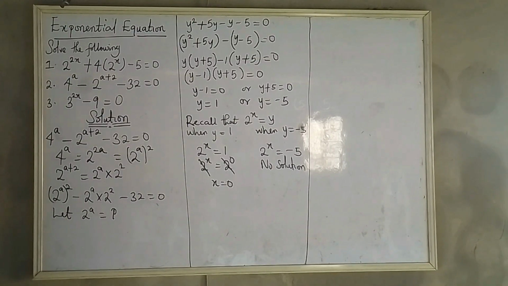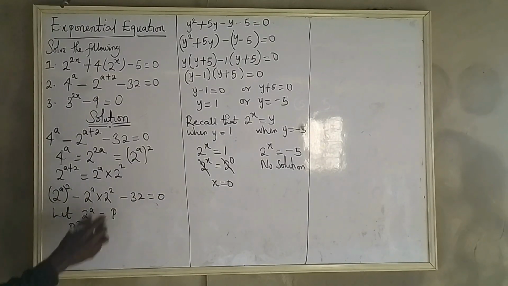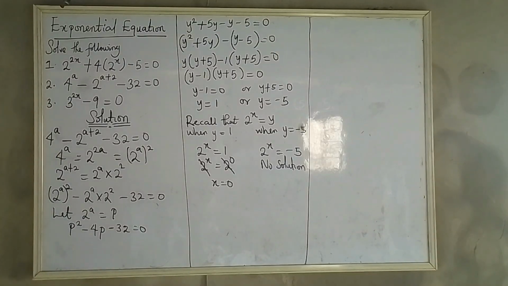I told you you can choose any letter. So if it is p, that means here I will have p squared minus 4p minus 32 equal to 0. Are you seeing that now?